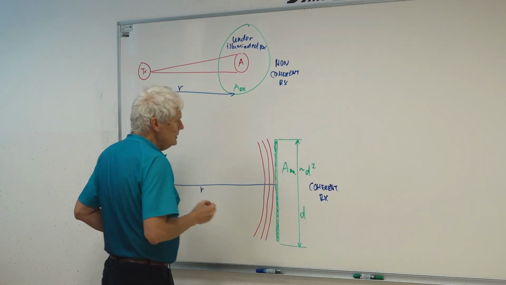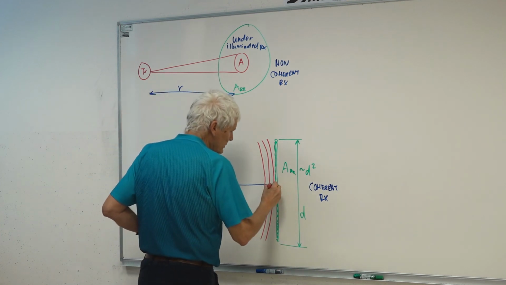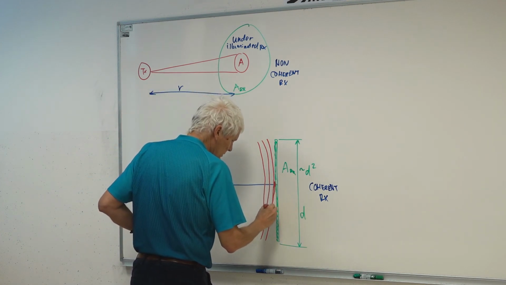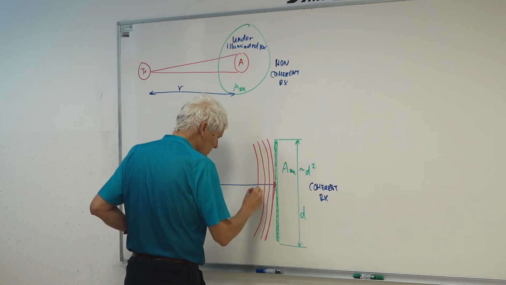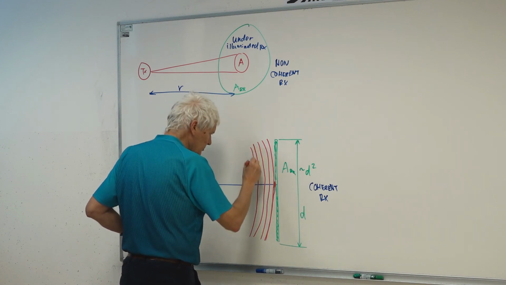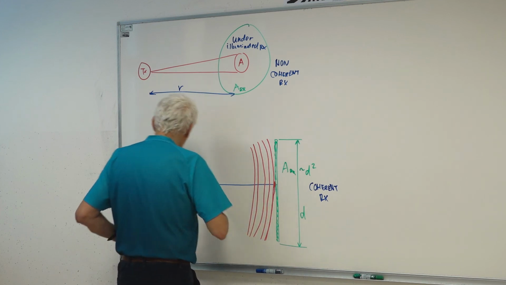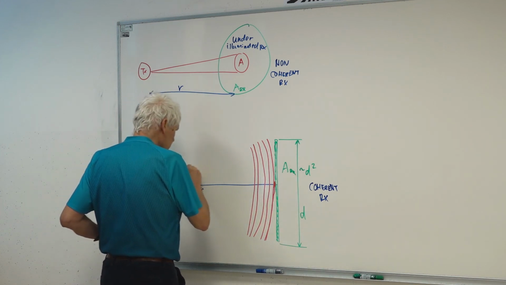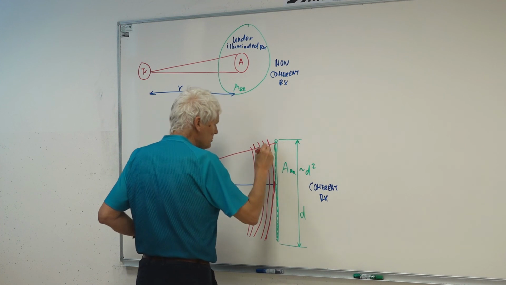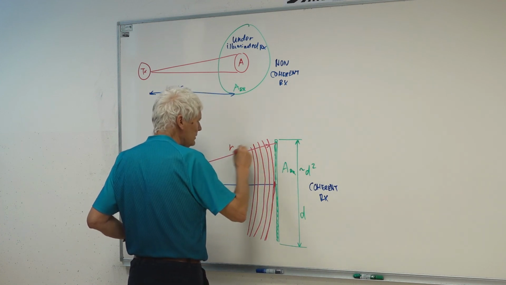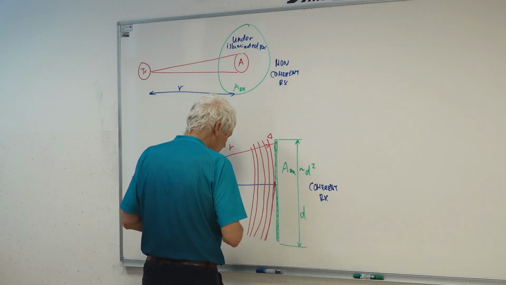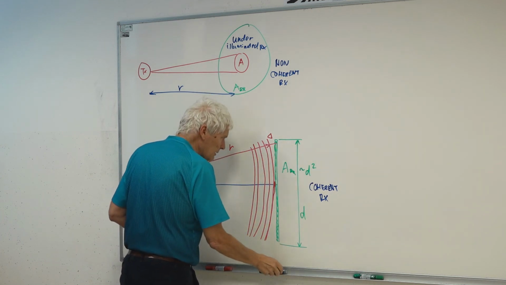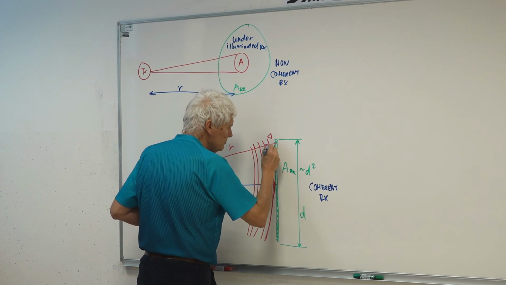Now, the problem is that if this wavefront, as transmitted by my transmitter, exactly touches the surface of the receiver, this path here is actually r up to here, and it's some delta R up here. I have a phase error here.